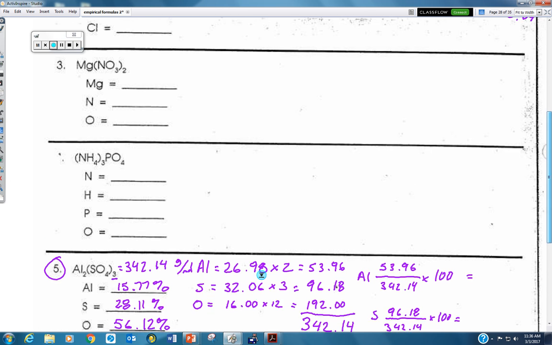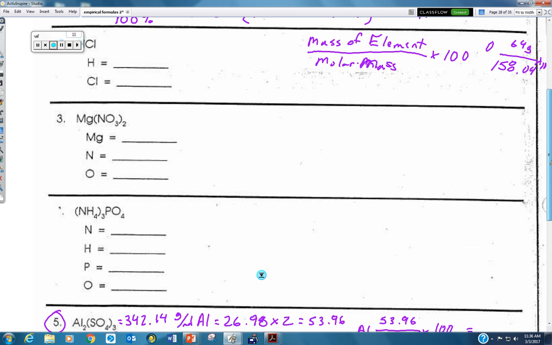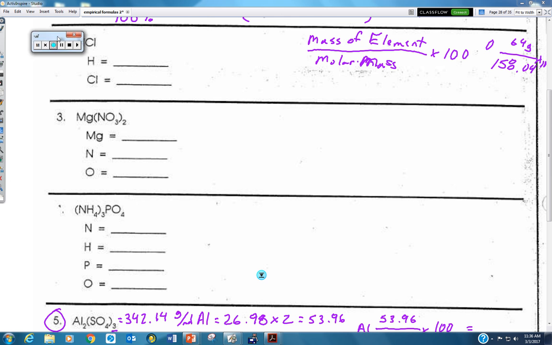Now, what I would like for you to do, go ahead, take a moment, and I want you to do the percent calculations for HCl, manganese nitrate, so number 2, number 3, and number 4 from this sheet.